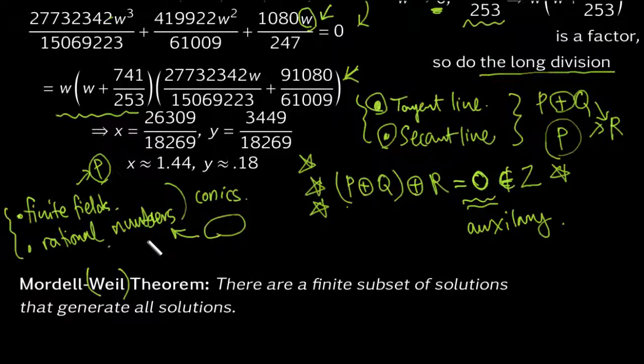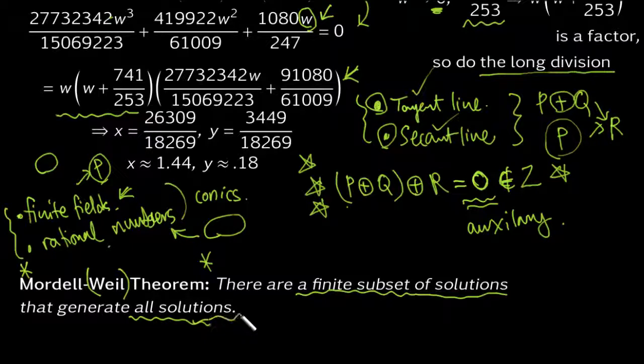But another interesting thing that happens in elliptic curves, an indication of a very different phenomenon from just playing with the numbers, is how we observed here that there is actually a finite subset of solutions such that if you do this operation over and over, playing with the tangent line and the secant line again and again, it turns out it reaches all the solutions inside that cubic curve. So this is called the Mordell-Weil theorem.